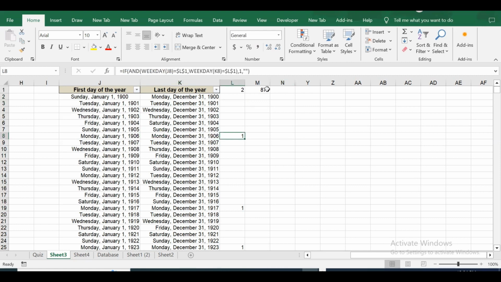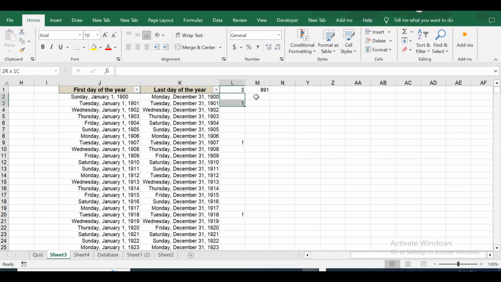Let's say another 3. Interesting: 891 years in the Excel system start with Tuesday, and the last day of the year will also be Tuesday.